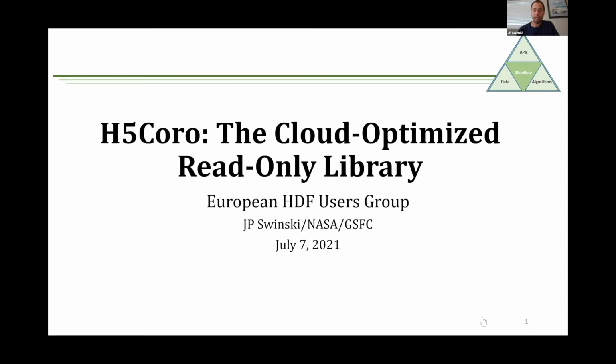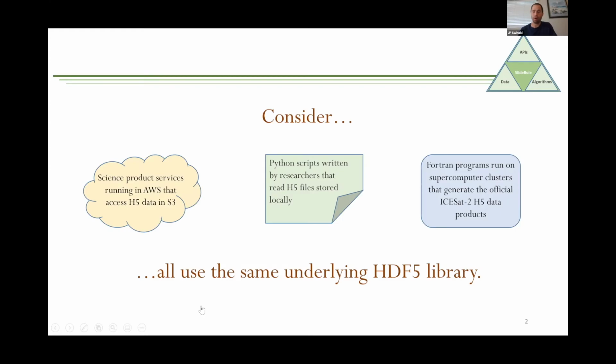Before I get into it, I just want to pose this question for everybody. In the project that I'm supporting, we have science data product services running in AWS that access H5 data stored in S3. We also have Python scripts, not written by software developers but by researchers and scientists, that read H5 files from the local file system.